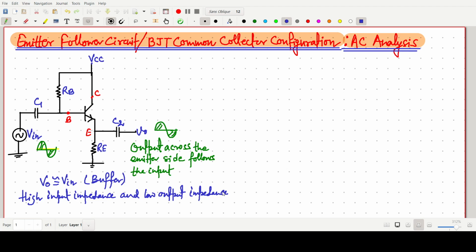So the application is very simple. It is used as a buffer with high input impedance and low output impedance, and the voltage gain is somehow equal to V in.